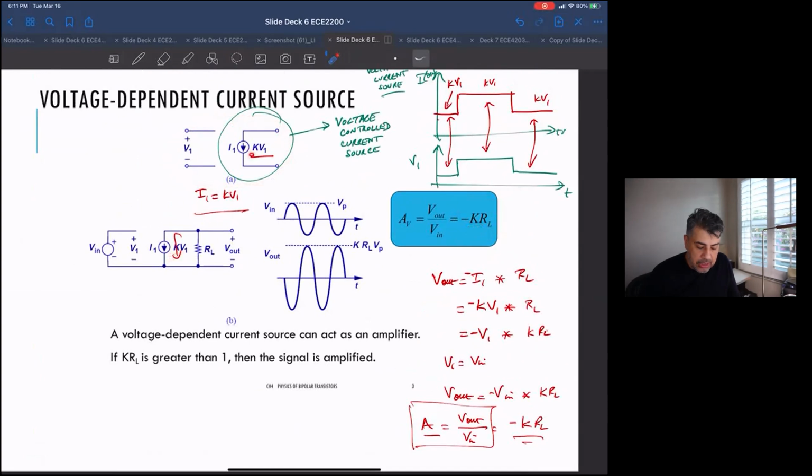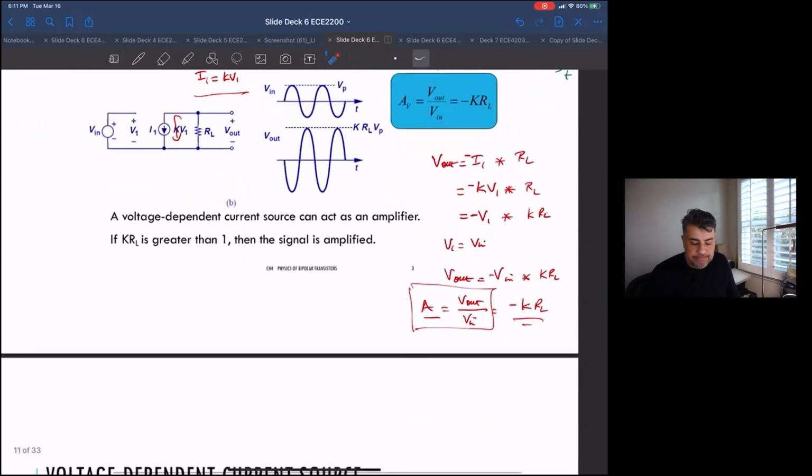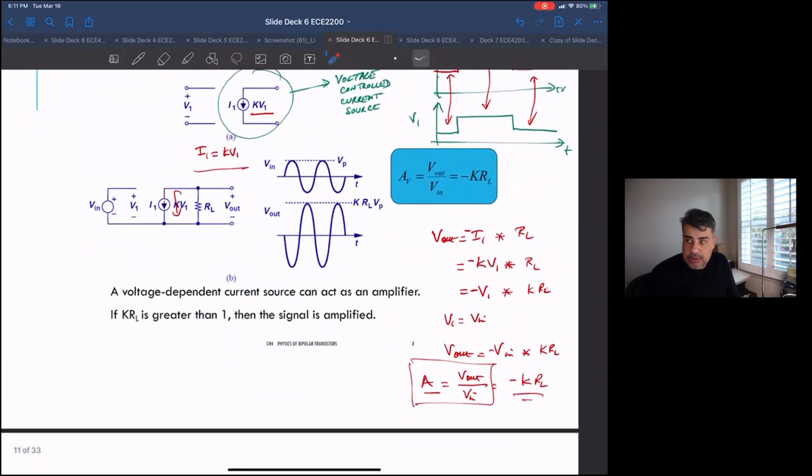That's the transfer function of this voltage dependent current source. Do you guys want me to explain this in detail, or was it pretty clear? We're going to hit this over and over again. Speak up if you want me to step through this again, but we'll see it again. Anybody going once, going twice?